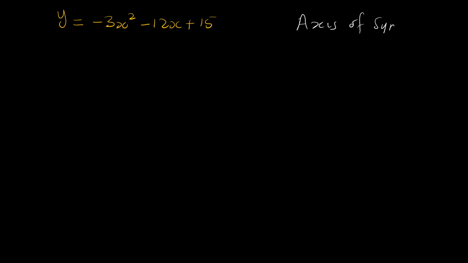Remember that the axis of symmetry is the line that divides the graph into two equal parts. So look at this. I know that the axis of symmetry is the x coordinate of your TP, your turning point.